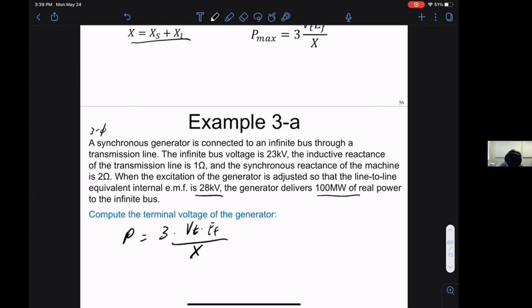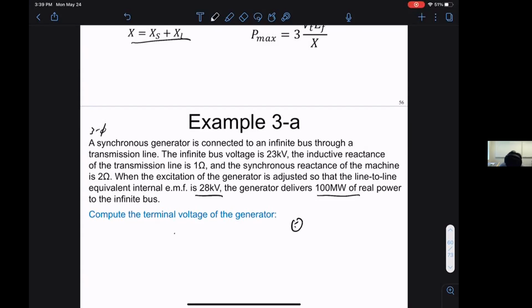Here we're going to compute the terminal voltage of the generator. The way we're going to compute it is first we'll figure out the angle of EF, then we can figure out the current, then we can figure out the terminal voltage. Let me be a little bit clear on what we're trying to compute.